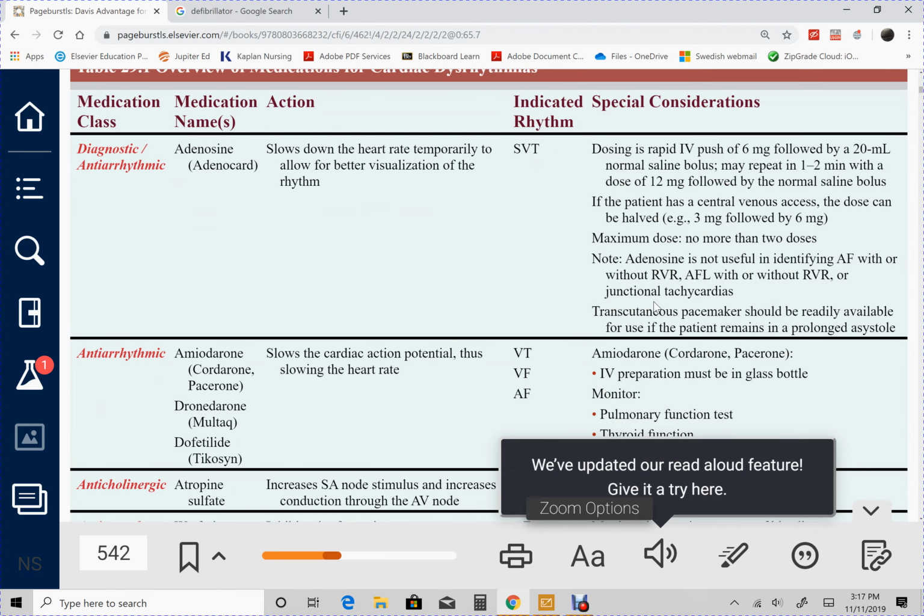There are serious side effects of the drug, which is not mentioned here. Let's go back to 548.